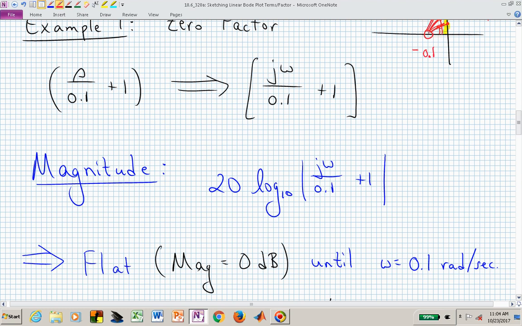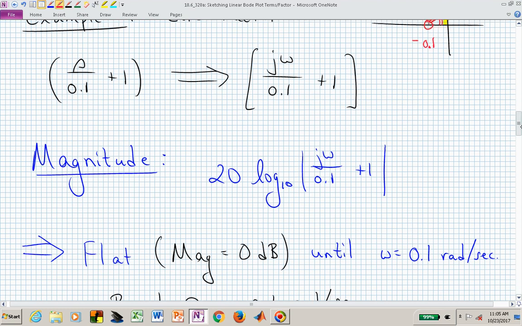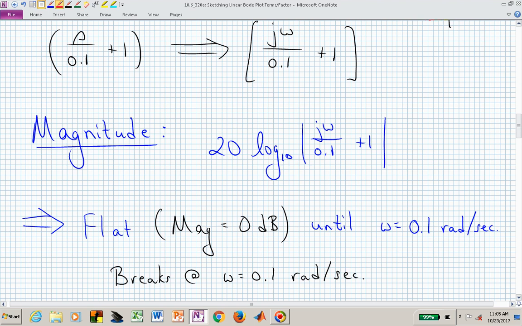Until we actually make this approximation even exaggerated a little bit. So we're going to slide through that small value, which was 0.01, and go all the way up to the break frequency. That's why it's called the break frequency of 0.1. And at that point, we will start to say we now need to consider the frequency effect, or this imaginary component is now starting to contribute to the magnitude piece of this expression, because now we're looking at 1 plus j1, and the magnitude of that is the square root of 2.